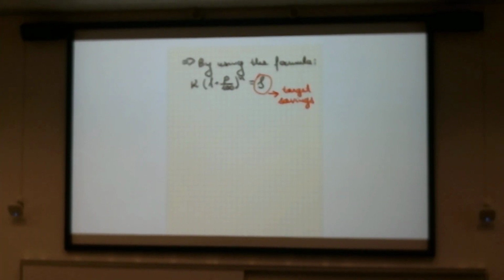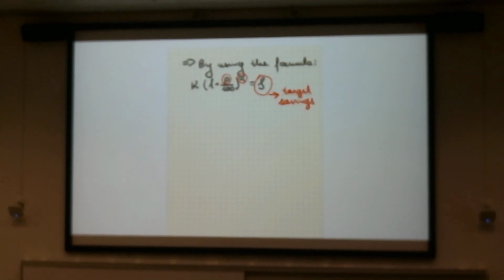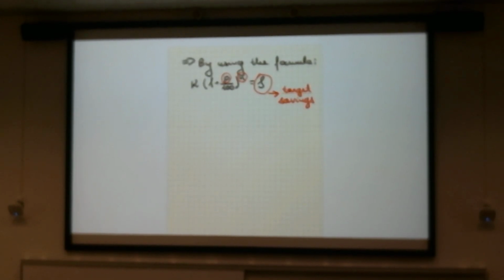So how would I figure out how much I should put in the bank? I know S, I know P, and I know N. Some numbers that I know, yeah? So what should I do with this formula? Yeah, exactly. We need to solve for K.